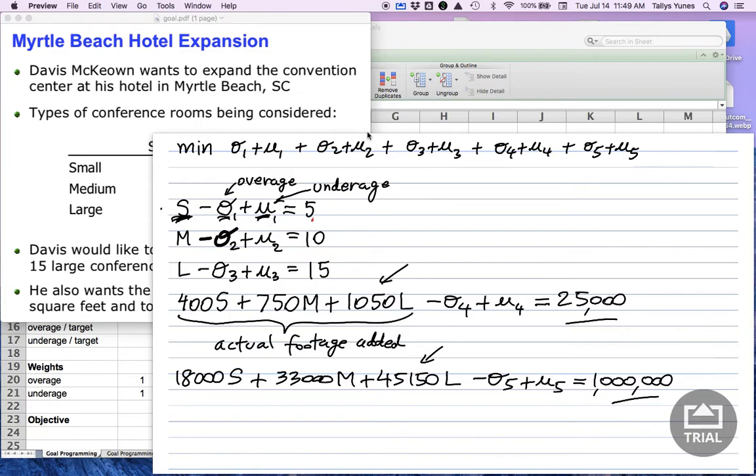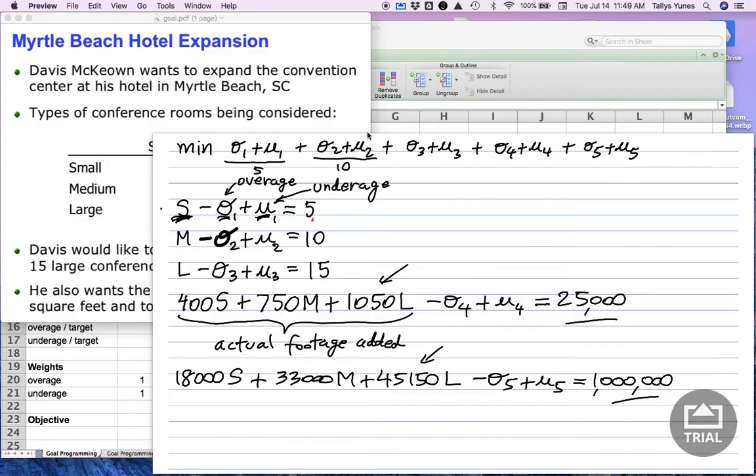So what I want to do is transform this objective into a percent deviation objective, right? By what percentage are you deviating from the target, and I'm dividing the OUs by the target. To indicate this calculation, (O1 + U1)/5 will tell me by what percentage I am deviating from the small room target.